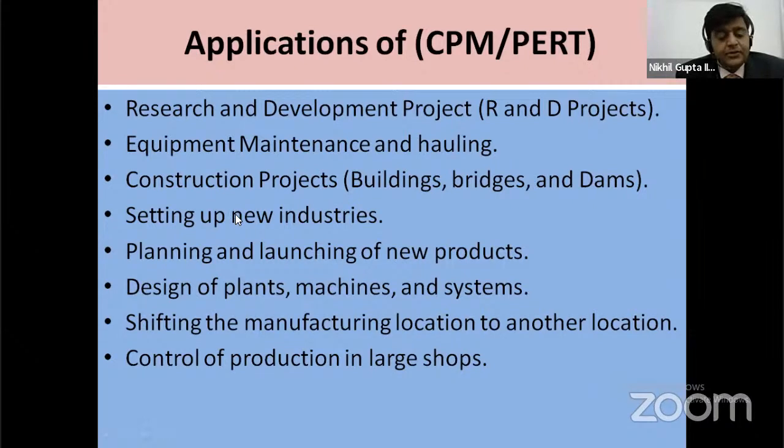They are also used for setting up new industries, for planning and launching of a new product, and for the design of a plant, machine and system. They are also used for shifting the manufacturing location to another location, and to control production on a large scale.